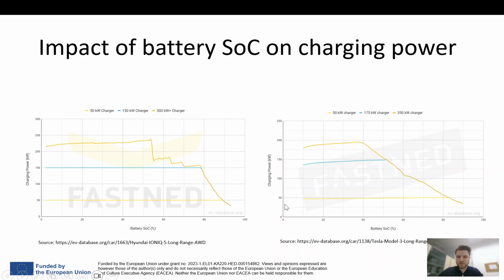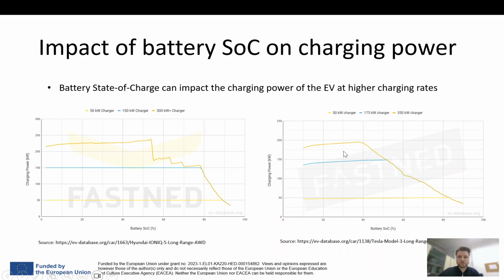Well, if we use chargers that have a 2.4, 7 kilowatt, or even 11 and 22 kilowatt power, then we can assume that for most of the state of charge range, the battery is going to consume a constant power. These nonlinearities, as I shared, occur for higher and higher powers.